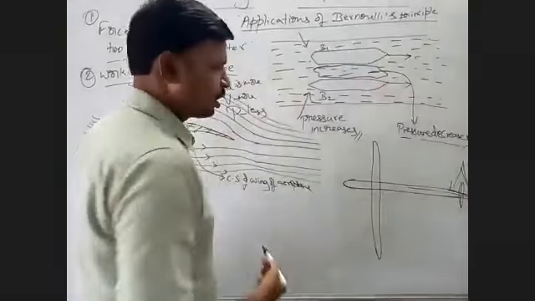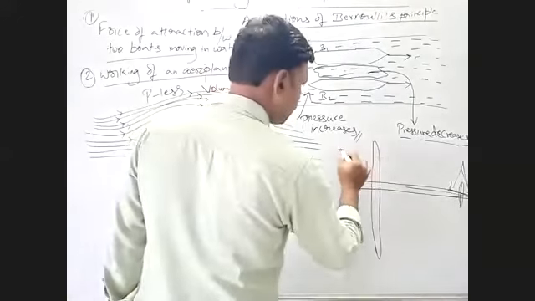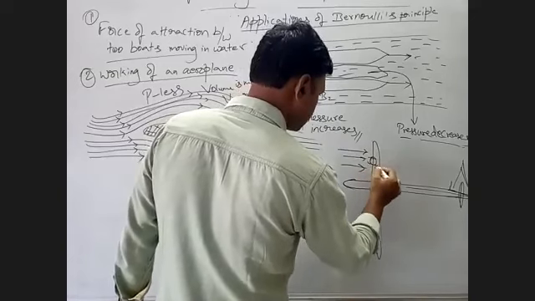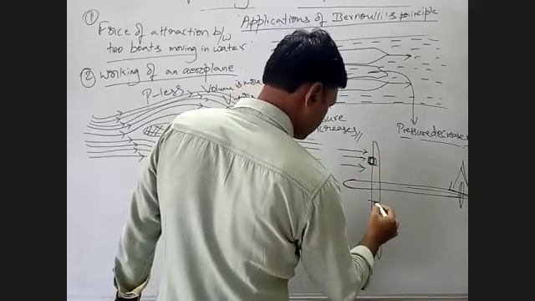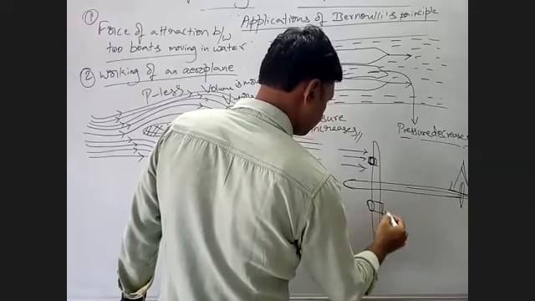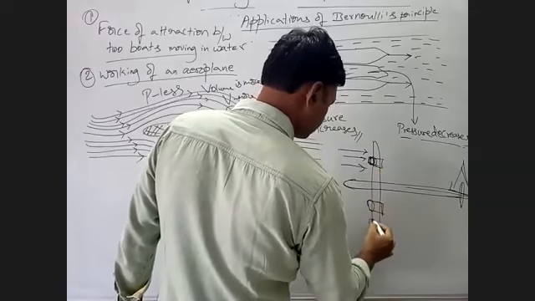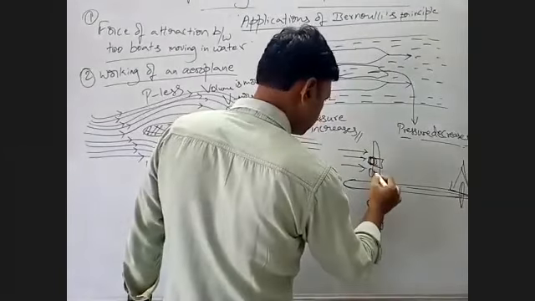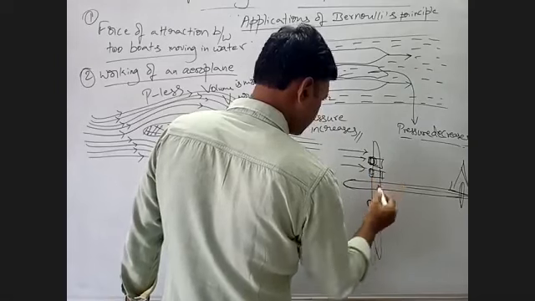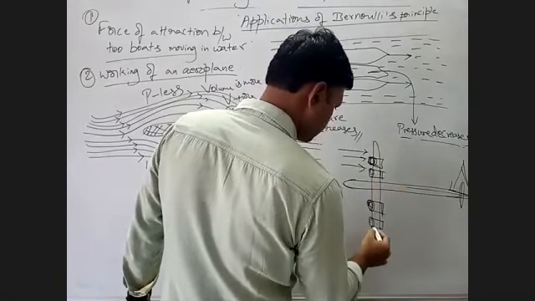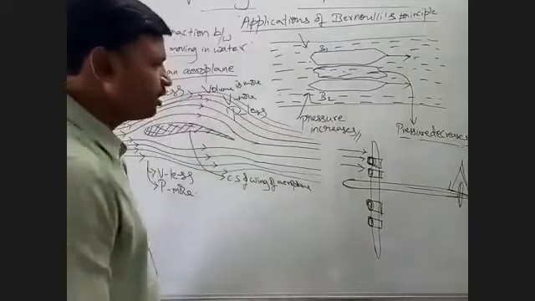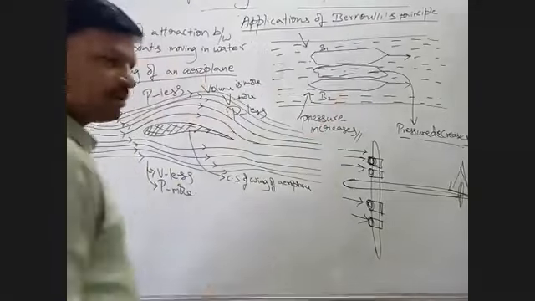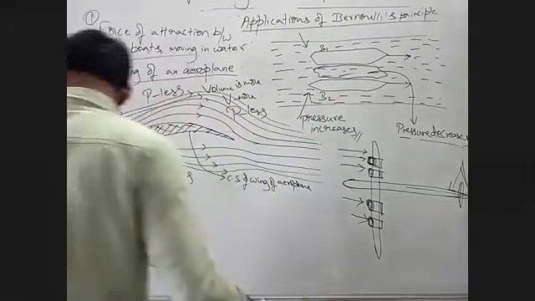Now see, the air is flowing like this, or above. Here there are rotors. What is the role of those? So this is the wingspan.